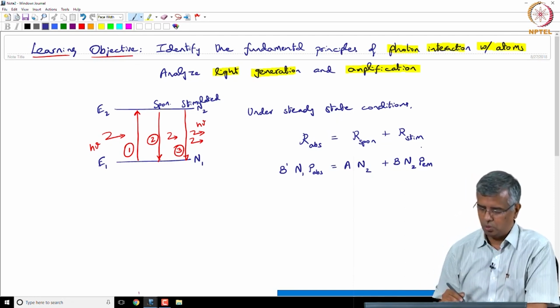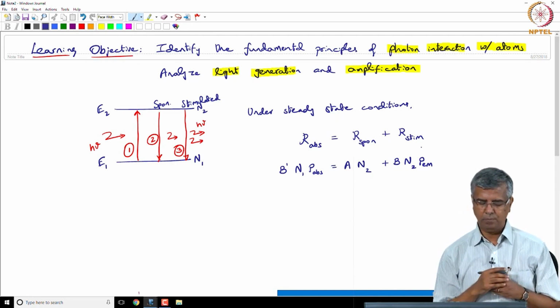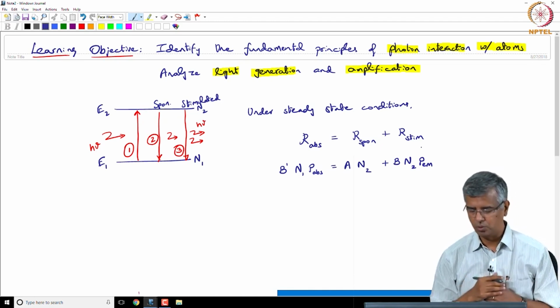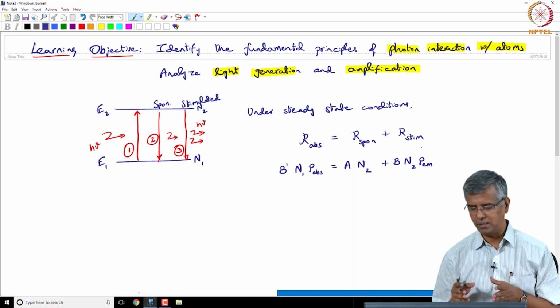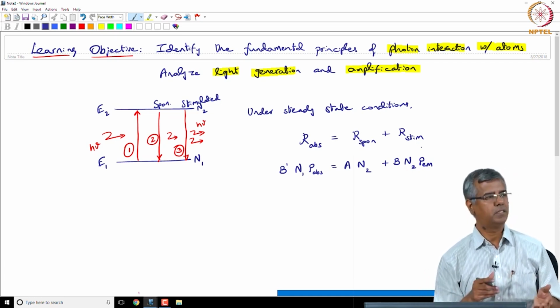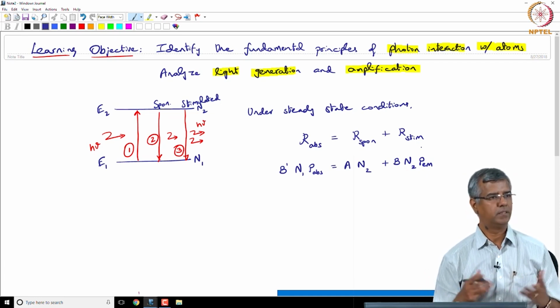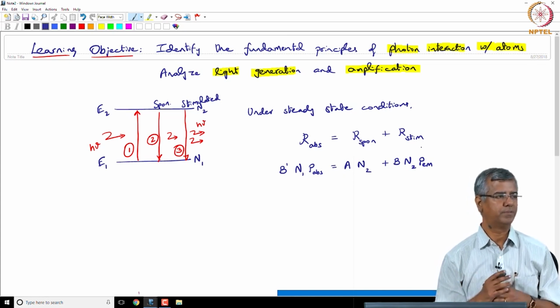Okay. Now, in this sort of a system, a simple system with two energy levels, you can say that the probability density of emission and the probability density of absorption is roughly equal, right.